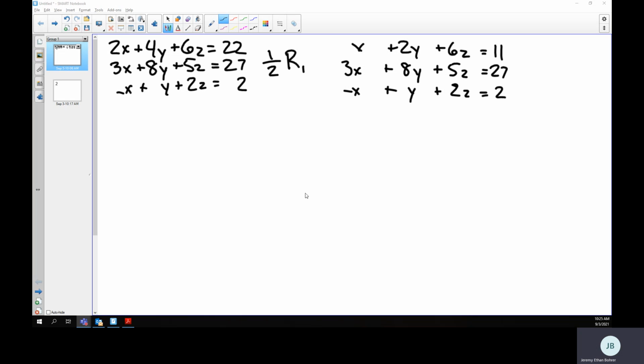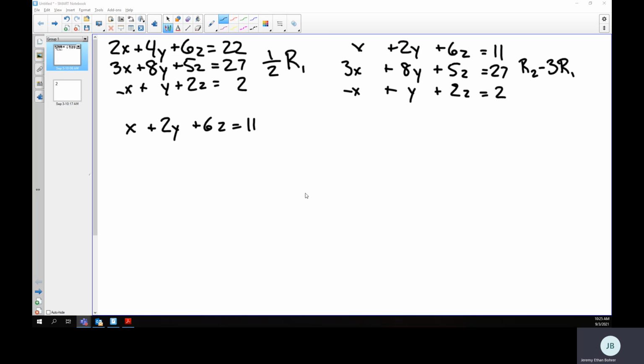So our next step is to get rid of the 3x in the next row. So we'll just take row 2 minus 3 row 1. Okay, well, that's going to give us x plus 2y plus 3z equals 11.